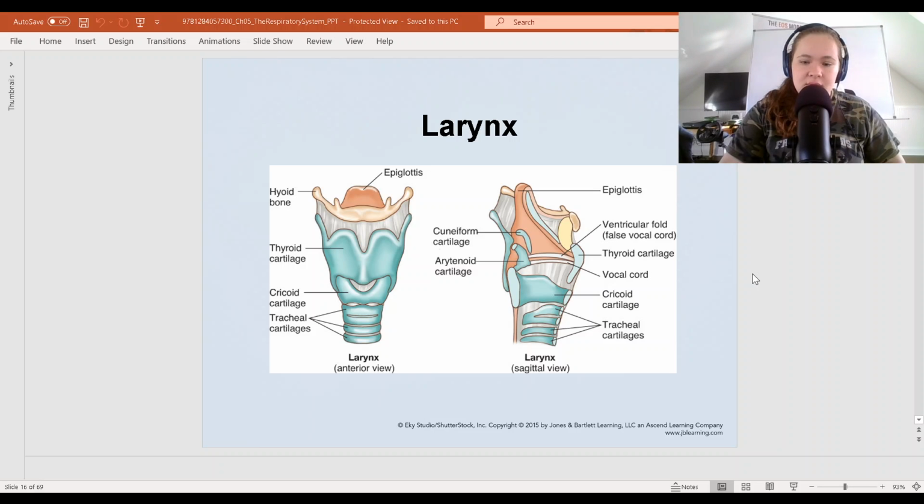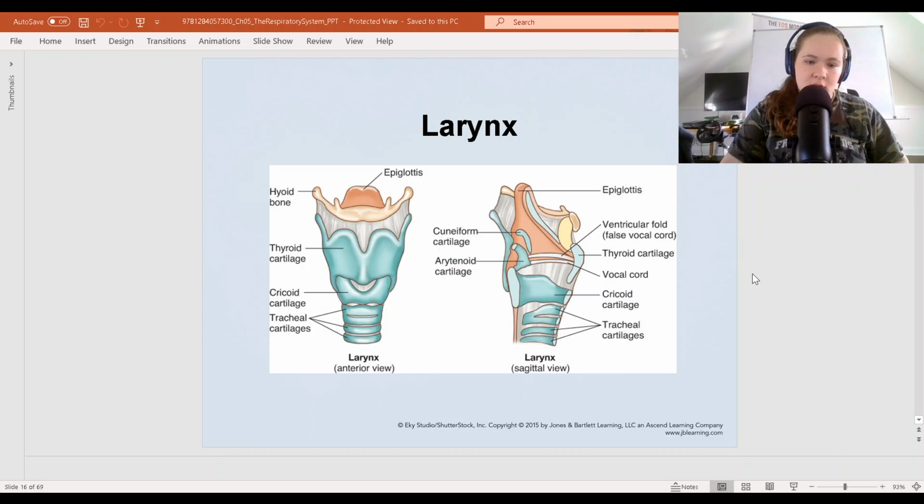Both the anterior and the sagittal view. It shows the epiglottis at the top, which is once again that flap, and the hyoid bone, which is not your chin. That's the mandible. The hyoid bone is what separates your skull from your spine.